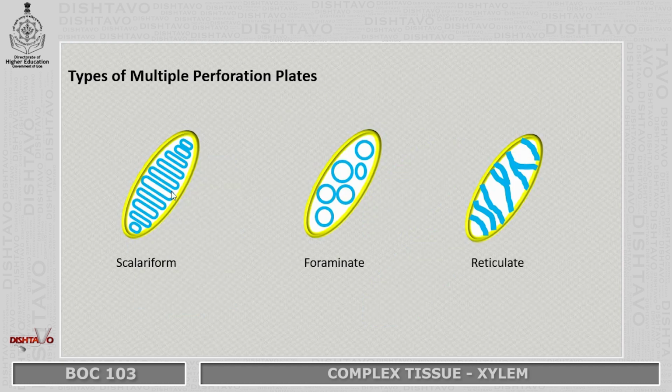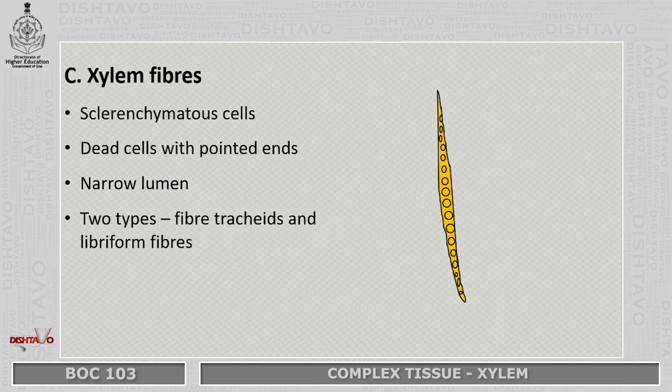Based on the pattern of the pore arrangement, you have scalariform end plates, foraminate, and reticulate. The function of the vessel is conduction of water, since it forms the continuous channel.